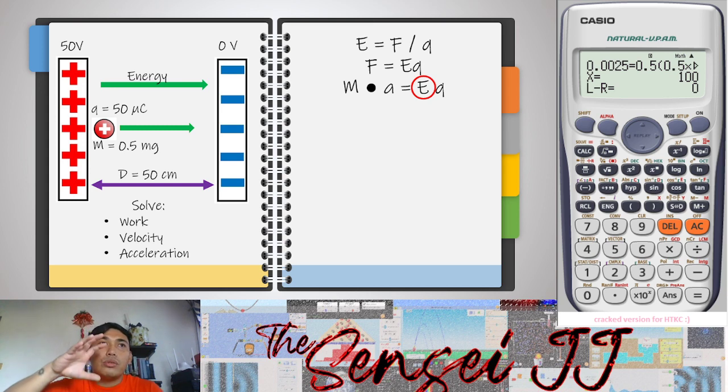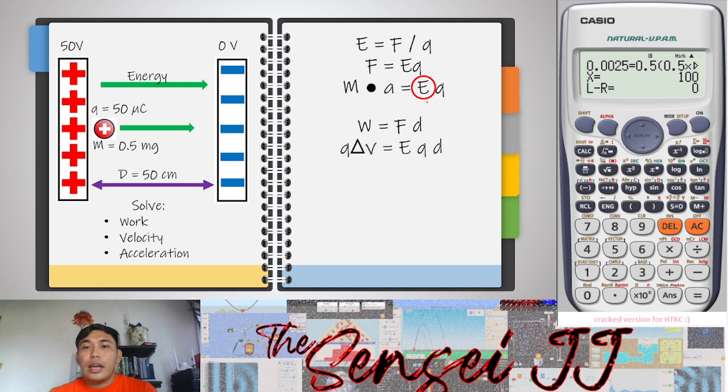So in this case, we have a formula of E. Let's take this: work is equal to force times distance, right? And our work is also equivalent to Q times delta V, which is equivalent to EQD. So, sir, why EQD?